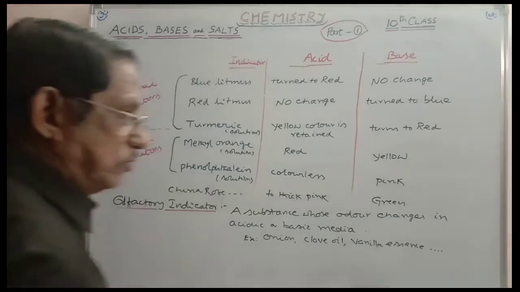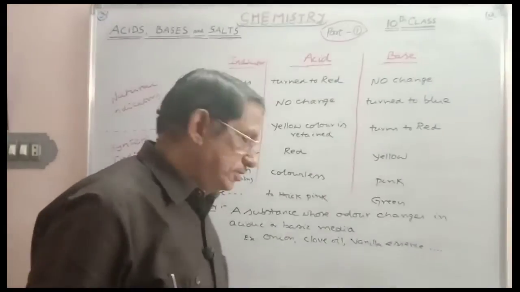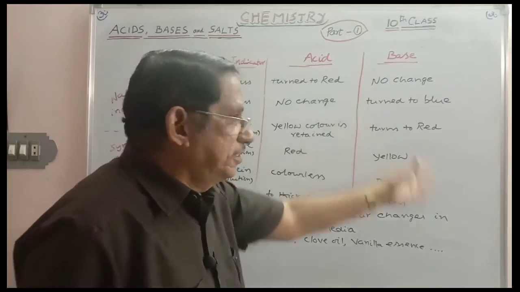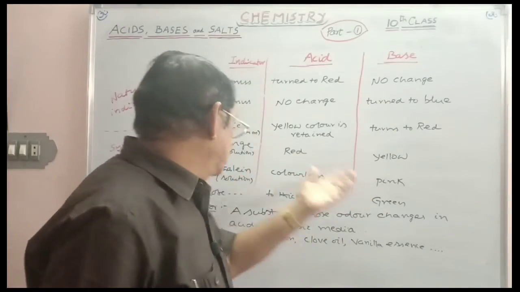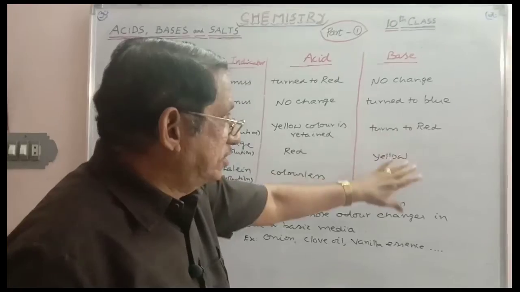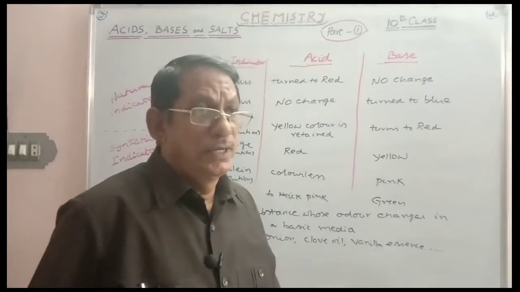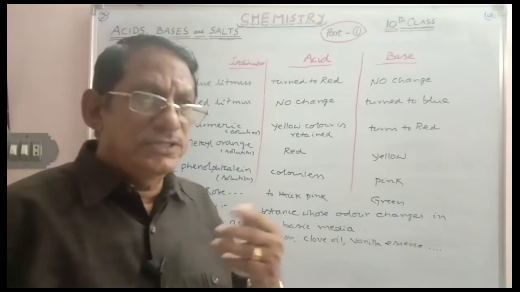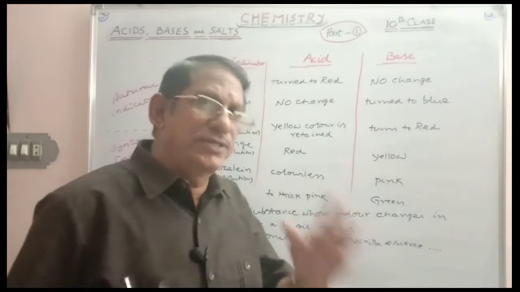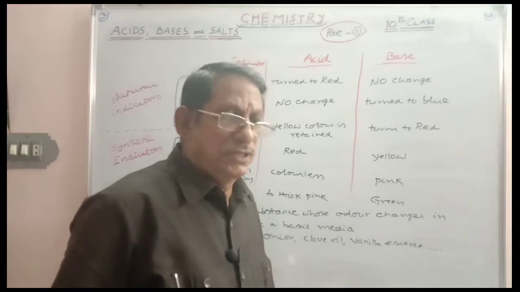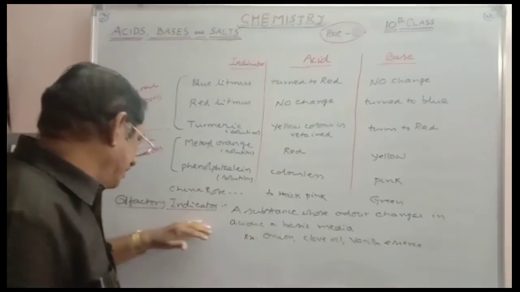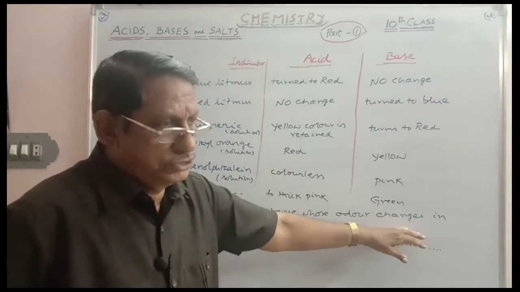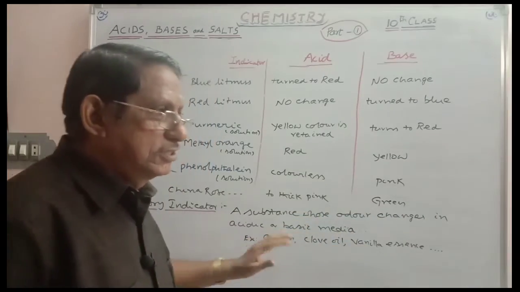Okay, one more indicator let us consider, that is the olfactory indicator. All the indicators so far are color changing indicators, which are synthetic and natural. There are some other indicators for which the smell is changed, so smell changing or taste changing indicators are also there. Out of these, we consider an olfactory indicator, a substance whose odor changes in acidic or basic media.